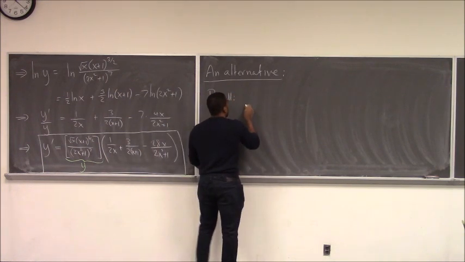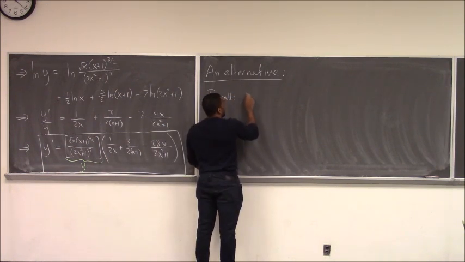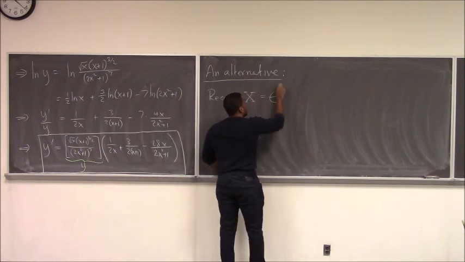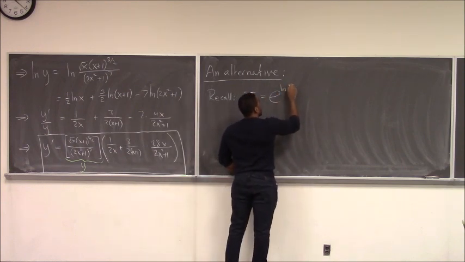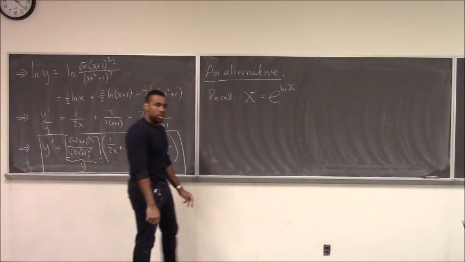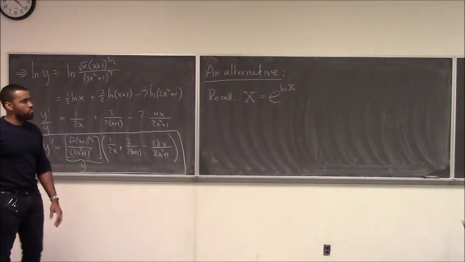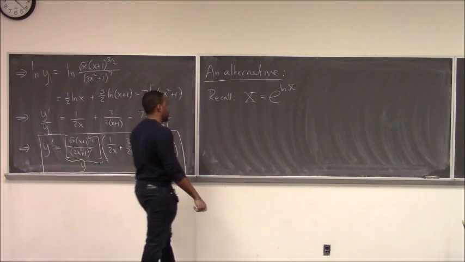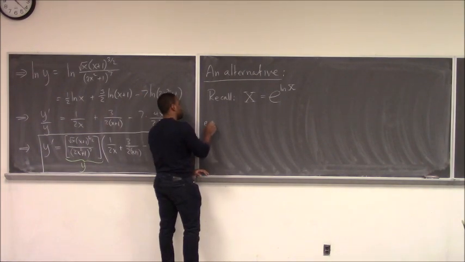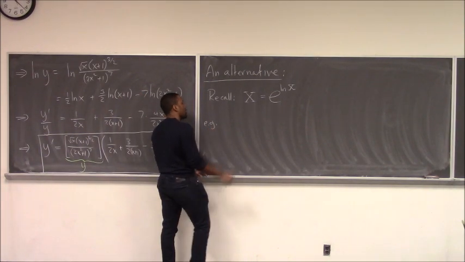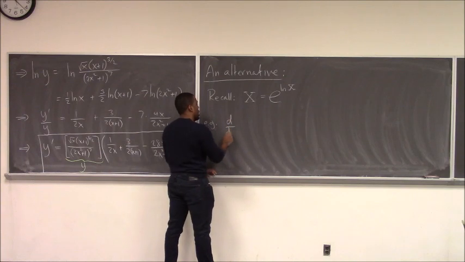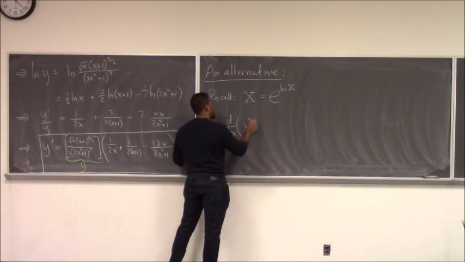So you can recall that I can think of some expression, assuming it can be logged, as e to the ln of that expression. That was one of the log rules that we had. And so, for example, if someone were to ask me, how would you differentiate x to the x?